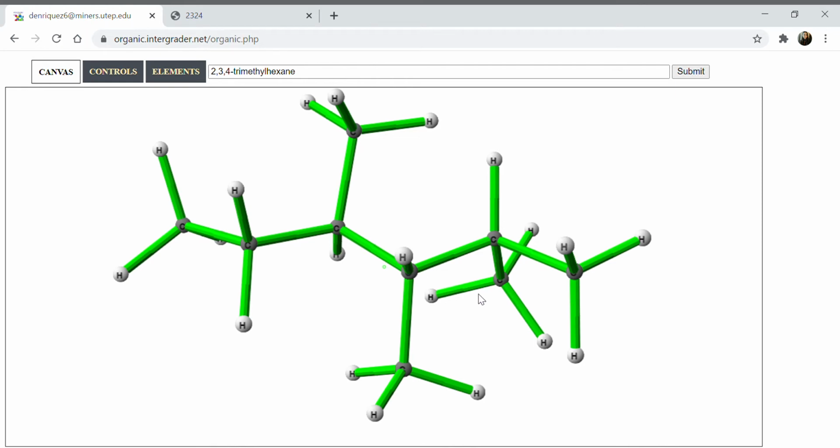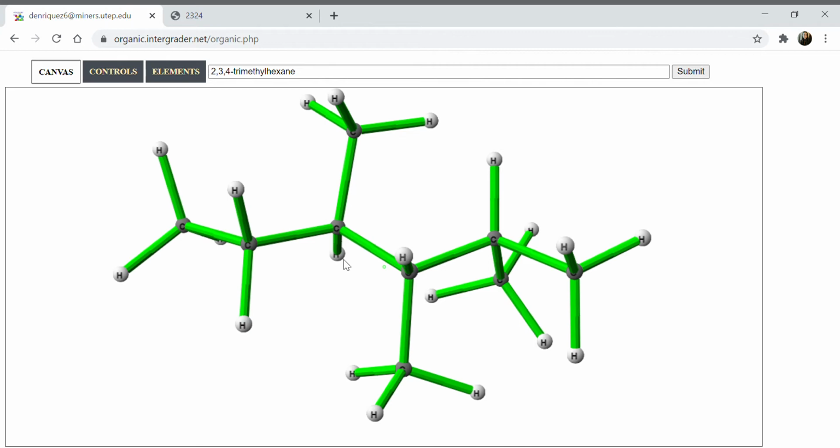So 2 carbons attached to 1 carbon, 2 carbons attached to 1 carbon. So this one we're going to have to check. More than likely it's going to be this one because it's got that extra attachment right here. So of course we don't count this one. We're already 1 carbon out, so 2 carbons, 1 hydrogen. 2 carbons, 1 hydrogen.